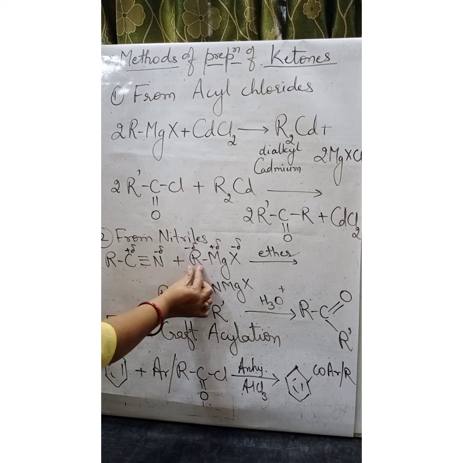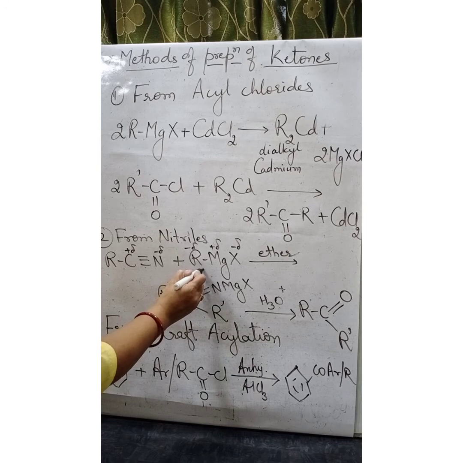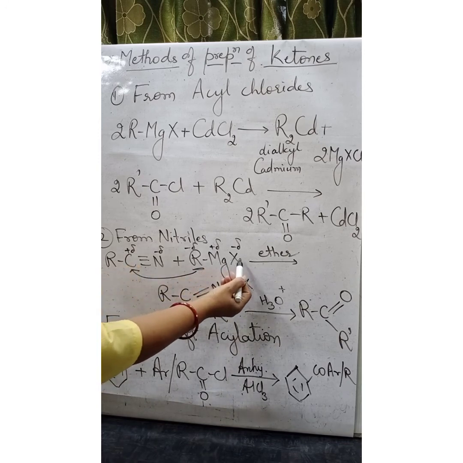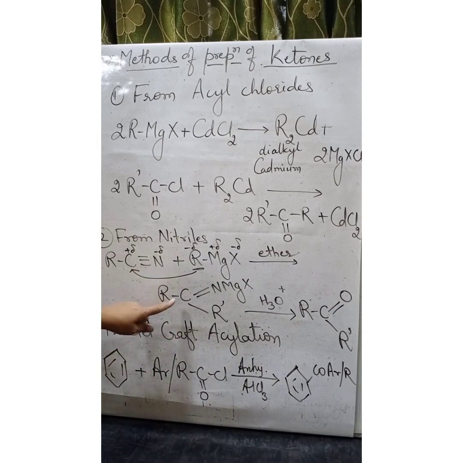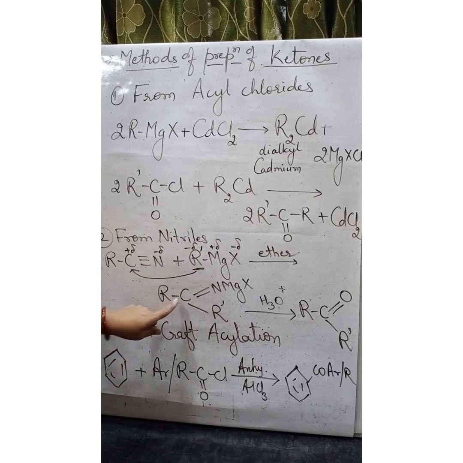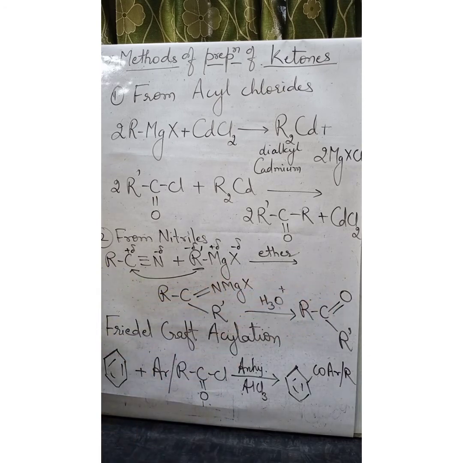So R- will go and attack carbon, and MgX will attack nitrogen. So the bond gets broken. R is already there, this is R dash. R, C double bond N, MgX, R dash. This is an intermediate which on hydrolysis gives ketone.